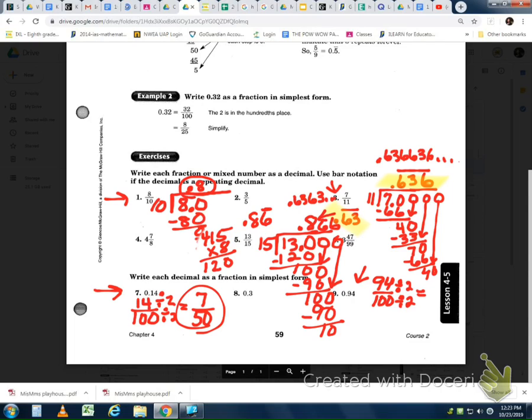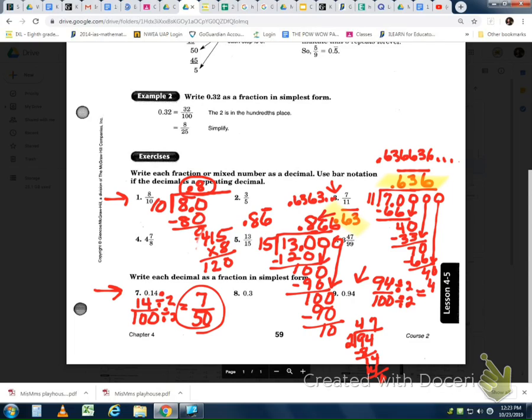We better do it this way then. 94 divided by 2. 2 goes into 9 how many times? 4. 2 times 4 is 8. So when I subtract, there's 1. I'm going to bring down the 4. What about 2 into 14? 7. So 47.